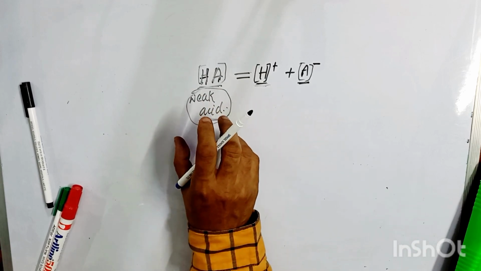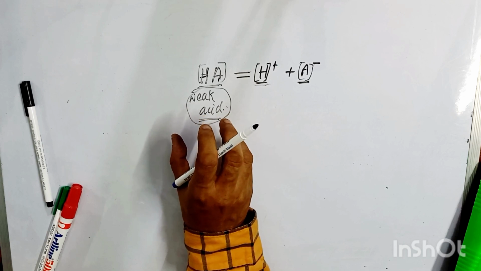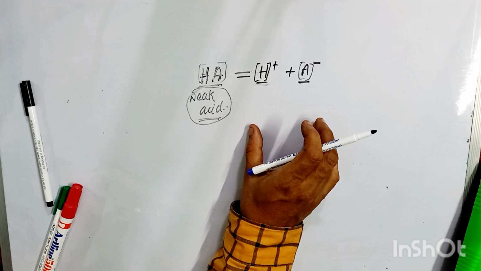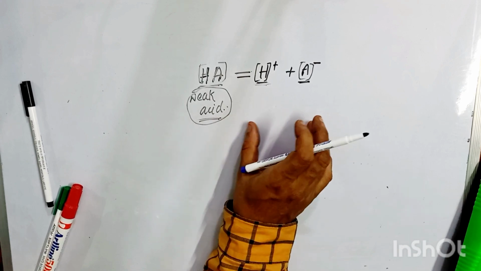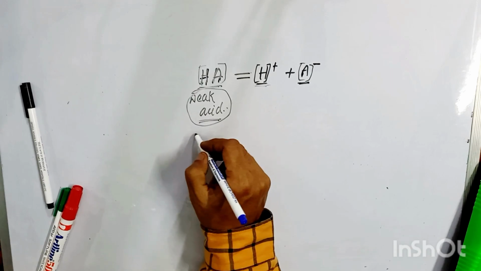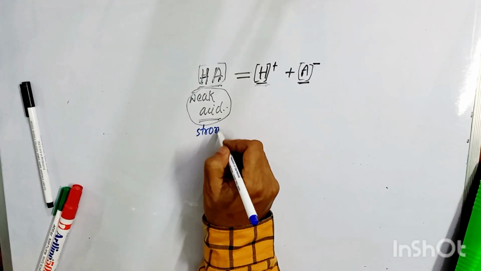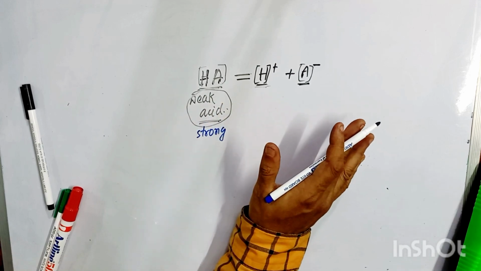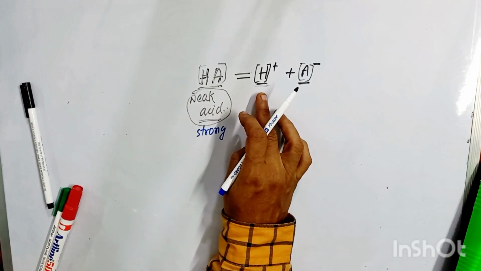It has some unbroken, non-ionized forms, and it has some ionized forms. If it is a strong acid, it will always get broken down into ions completely, and it will liberate more hydrogen ions to create more damage.